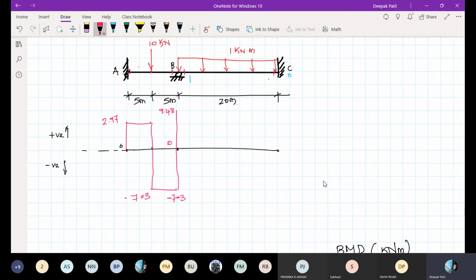So how will you calculate the shear force at point C now? Here it is plus 9.48.